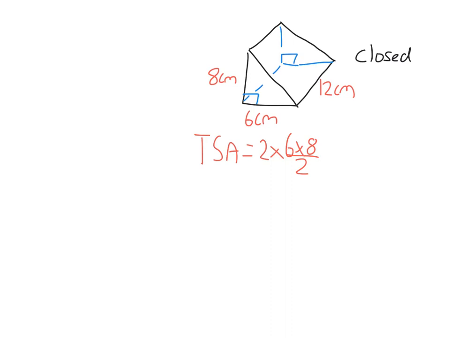We have the rectangle at the bottom in green, so that is 6 by 12. We have the rectangle at the back of the shape in yellow here. That is 8 by 12, so we need to add that. Now we have one more rectangle to account for, and that's actually this rectangle here.